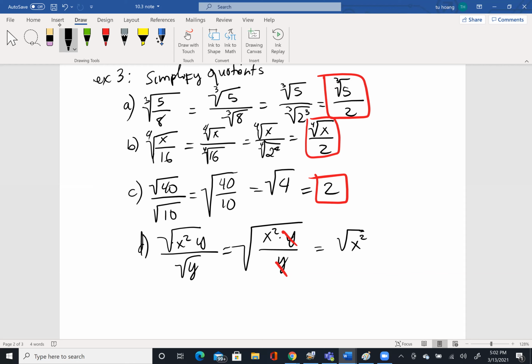What is that going to be? It's going to be the absolute value of x. If you remember the previous section, square root of x squared has to equal the absolute value of x.